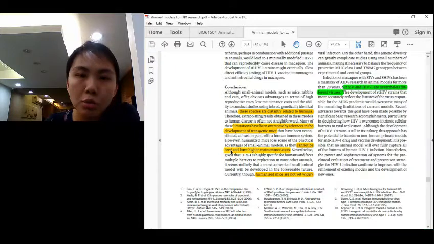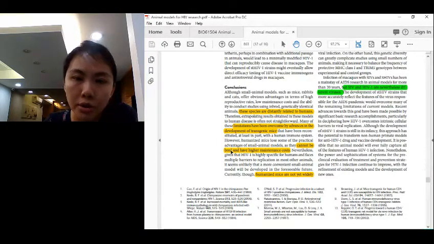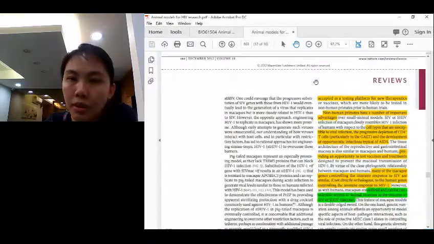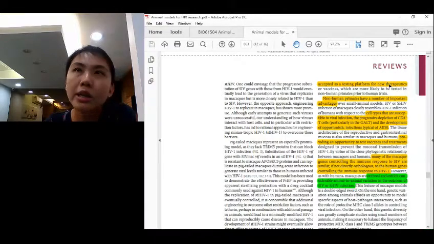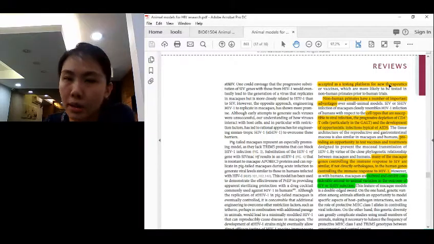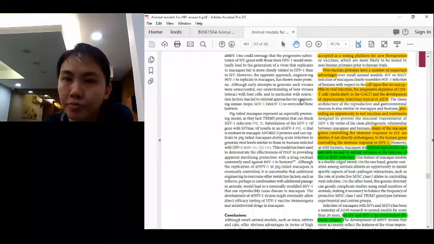You will need to perform surgery to generate these humanized mice over and over again for your research, and they have very high maintenance costs. Also, humanized mice are not yet widely used and accepted as a testing platform for new therapeutics. They are mainly used to understand disease pathogenesis.